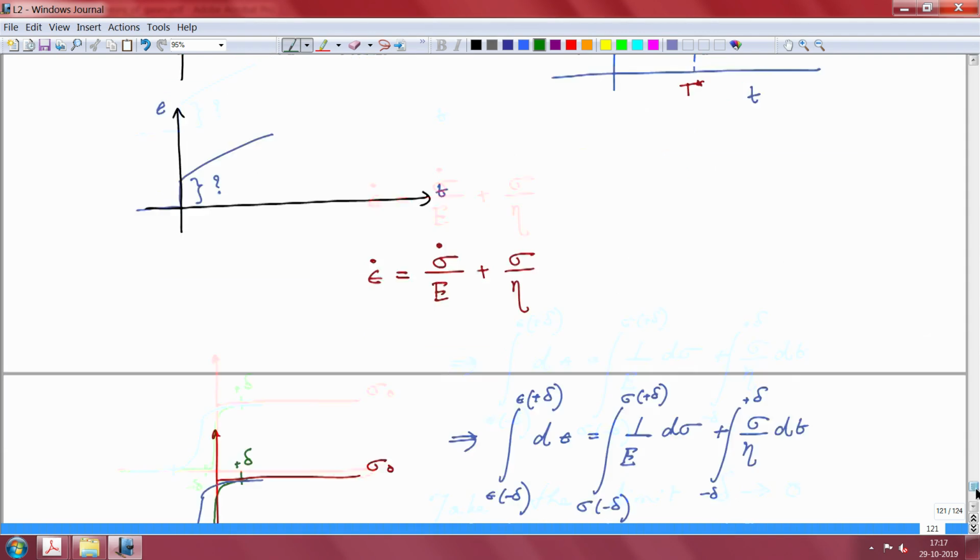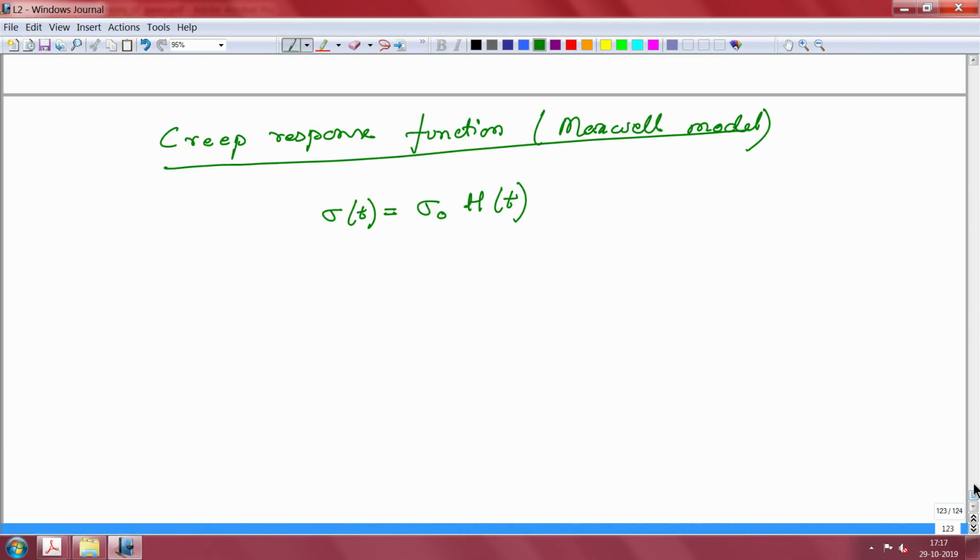Right. So, that implies that my epsilon dot is simply 1 by eta times sigma. So, my governing equation is that your strain rate, the derivative of the strain, is given by this quantity on your right hand side, right.